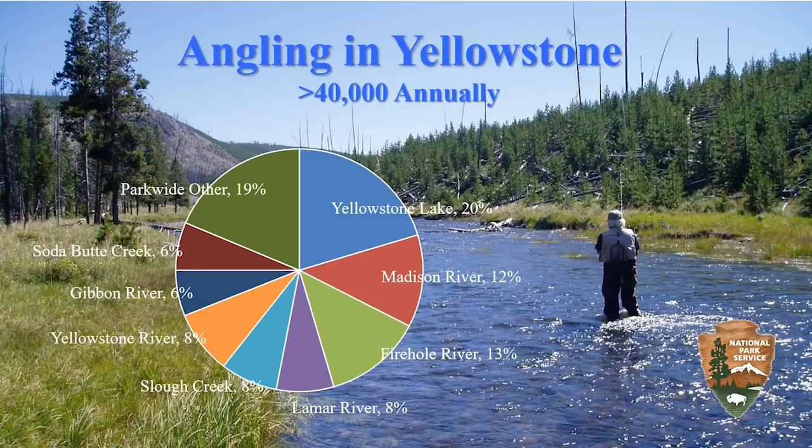It's the highest use of any park water. But the Madison River, the Firehole River are also highly used, along with the Lamar River, Slough Creek, Yellowstone River, the Gibbon River, and Soda Butte Creek. 19% of all angler use then occurs at other smaller waters across the entire park.